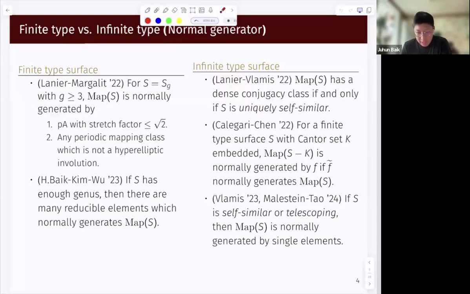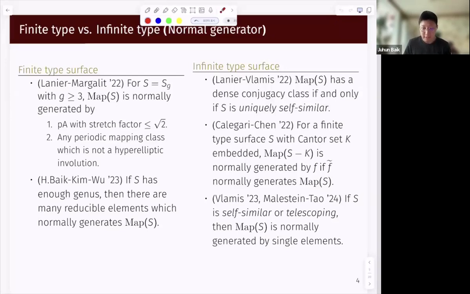Then Calegari and Chen also proved that for any finite type surface, consider a Cantor set embedded in it and delete that Cantor set. Then the mapping class group is normally generated by an element f if f tilde normally generates the mapping class group of S. Here f tilde is what you get when you forget the Cantor set part, and it gives a nice isotopy class in the mapping class group of this finite type surface S, the ambient surface.